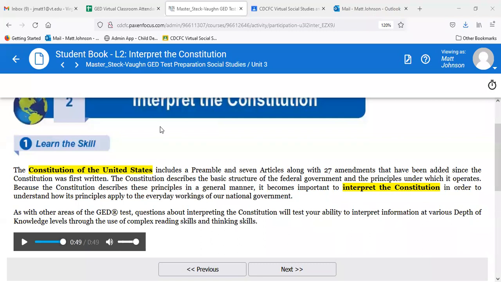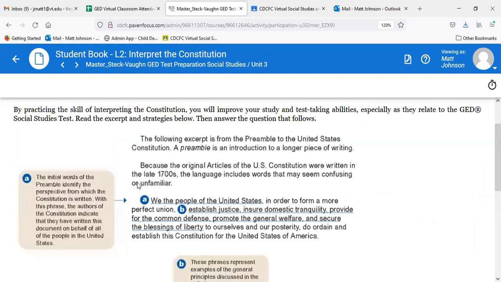And it's broken up into 7 articles, which is basically 7 sections that sets that framework. It's like an operation manual, right? So not only does it partly describe our rights, it's also basically a manual to how the government is going to work and the different parts of the government. All right, let's move on here.